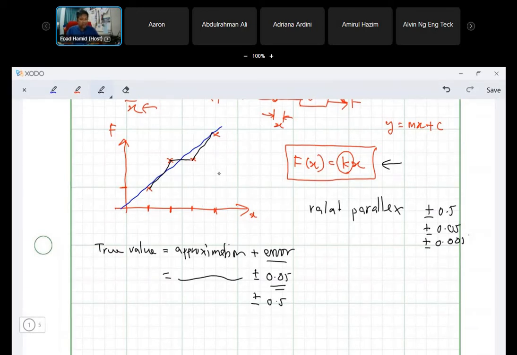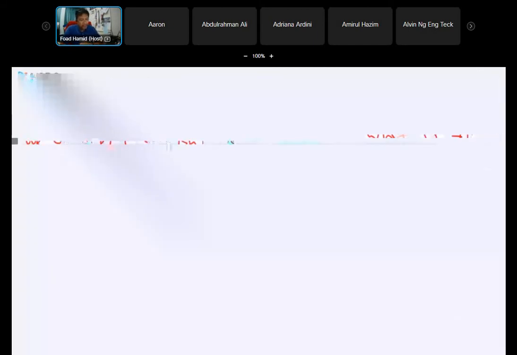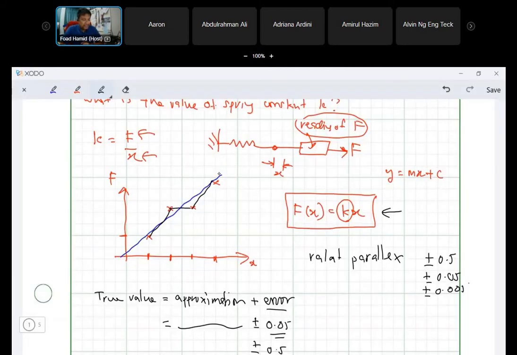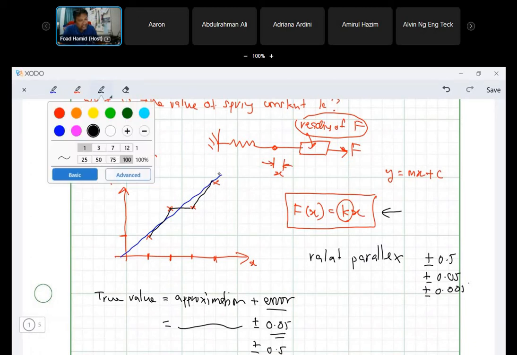Okay, now the issue here. If you look at my plot here, which one represents the correct value of the curve here, the straight line? Is it the blue line, or is it, let's change color, let's use green, okay.